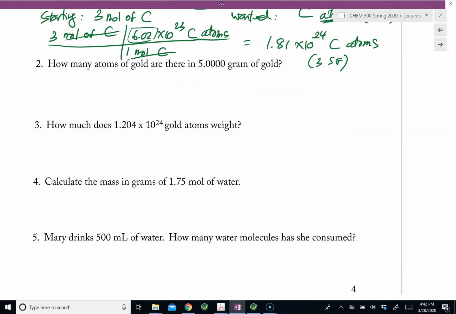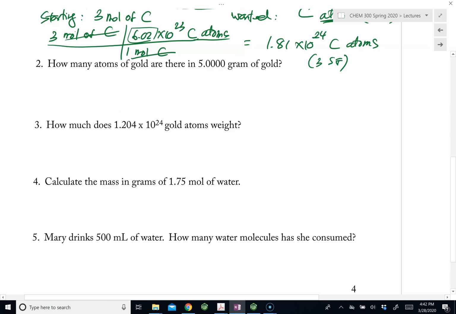Let's now try the next problem. How many atoms of gold are present in 5.0000 gram of gold? So if I would have a piece of gold weighing this much, how many gold atoms are present in it? And if we think about the context of this problem, it would be a pretty cool problem, right?